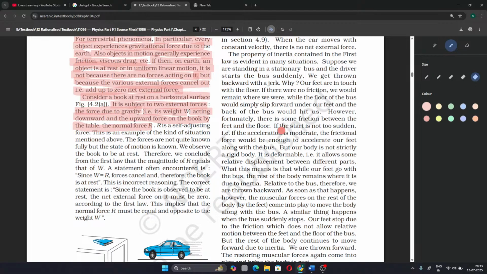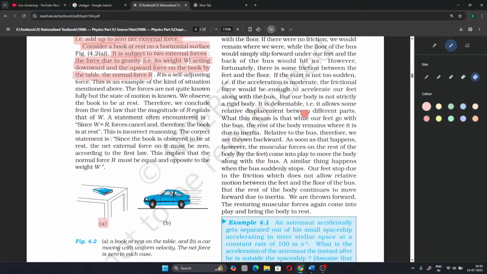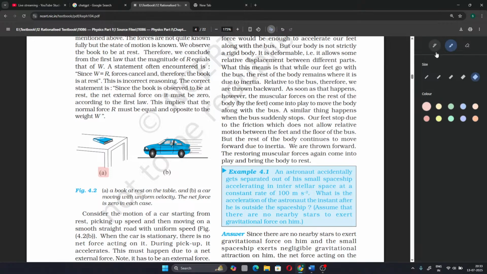Basically, if we think more about this book on a table, we know the answer intuitively, but they're explaining it more here. They're saying a book is on a table. It has a mass, so it's experiencing a gravitational force, let's call it Fg. If that is the case, wouldn't the book fall down?